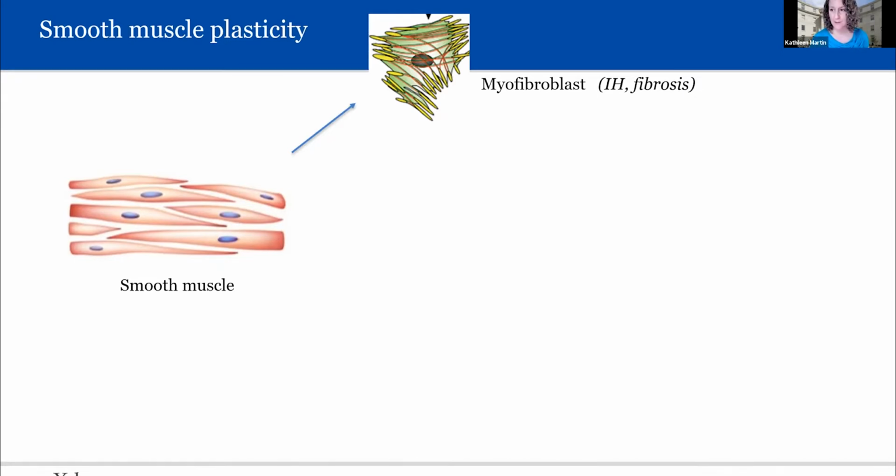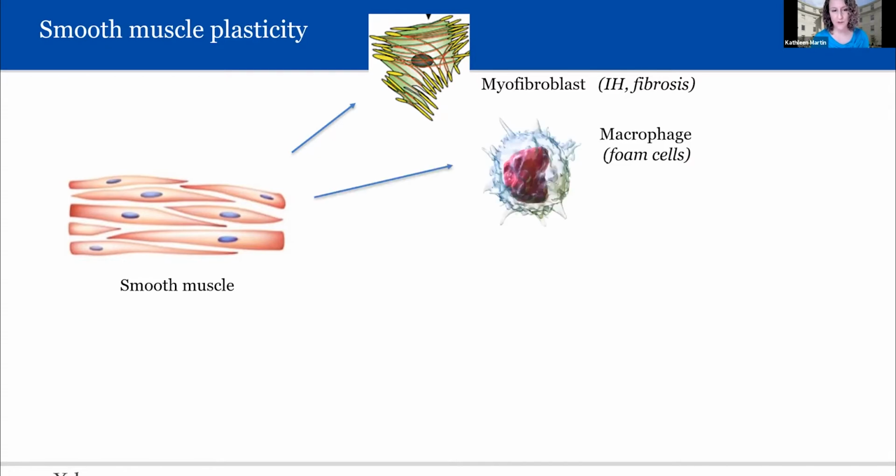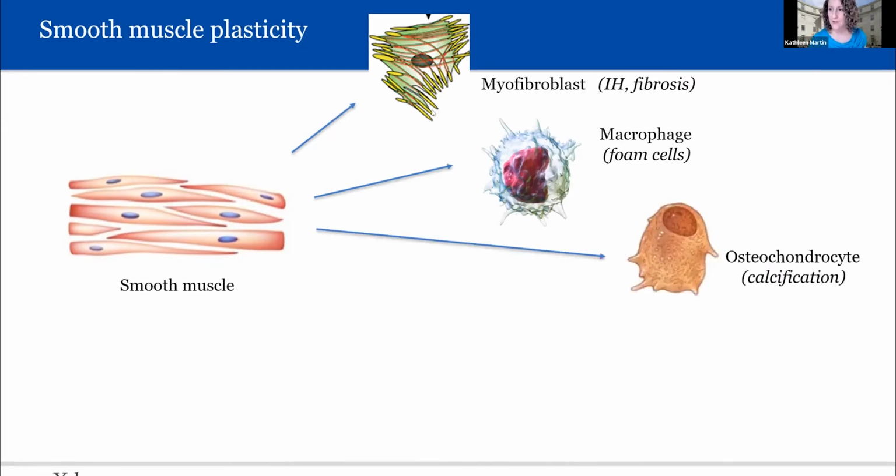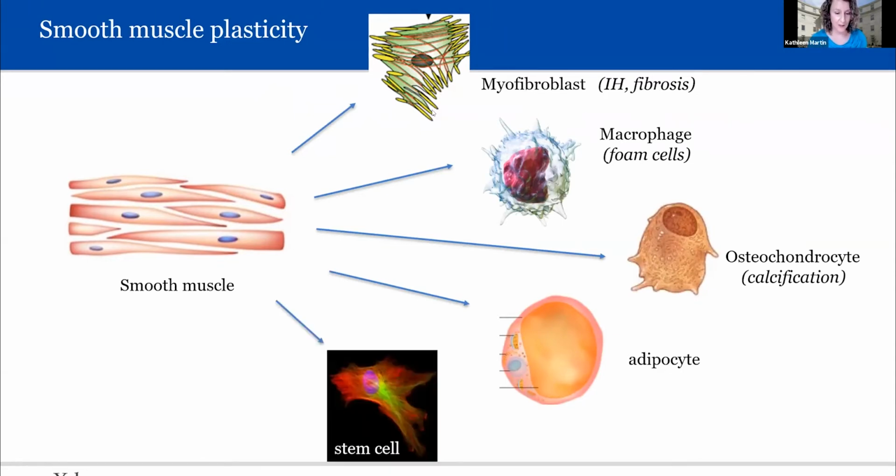But from lineage tracing and fate mapping studies, we know that they can also assume a macrophage-like phenotype, and we now appreciate that smooth muscle cells contribute the majority of foam cells in atherosclerotic lesions. They can also become osteochondrocyte-like in calcified lesions. In severe lesions, they've even been known to modulate into adipocytes, and we also see stem cell types derived from smooth muscle cells.